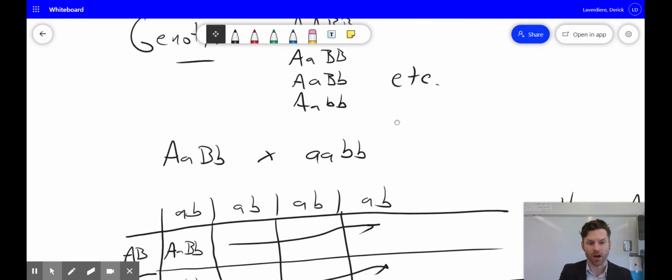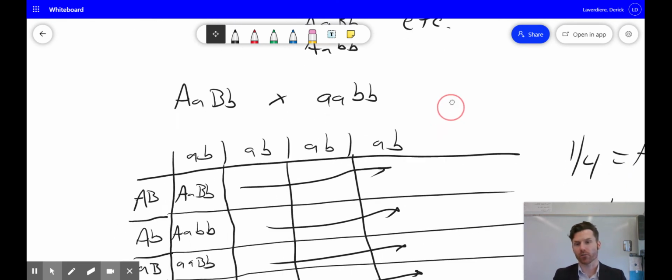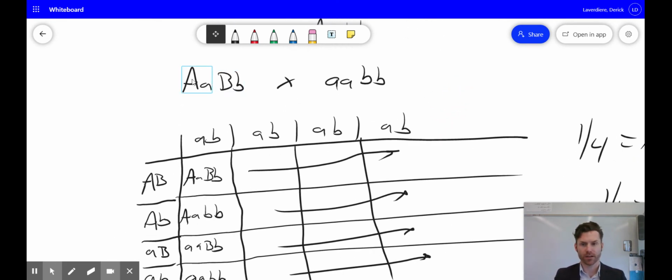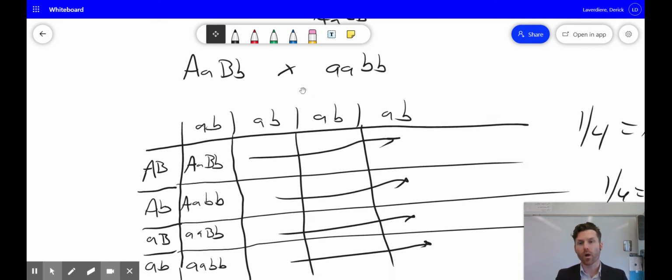So if we're making a cross with this two trait setup, okay, and one of my mates is heterozygous for both traits, and one of my mates is homozygous recessive for both traits. When these organisms do meiosis, okay, one variation of A and one variation of B is going to end up in each gamete.